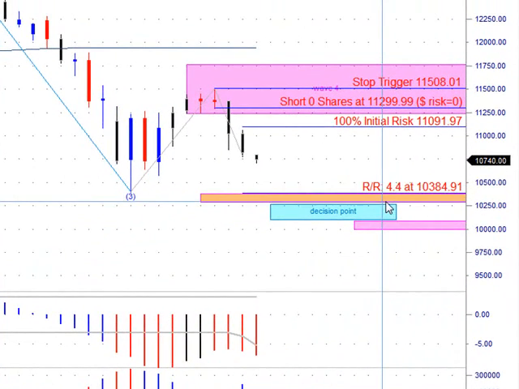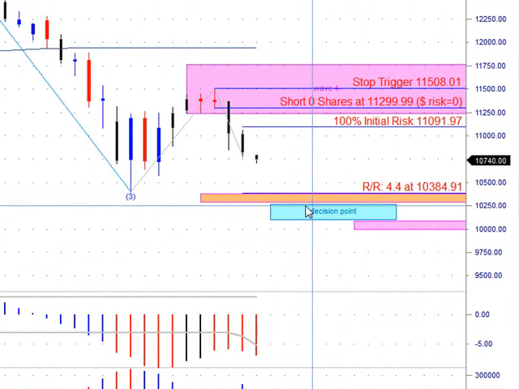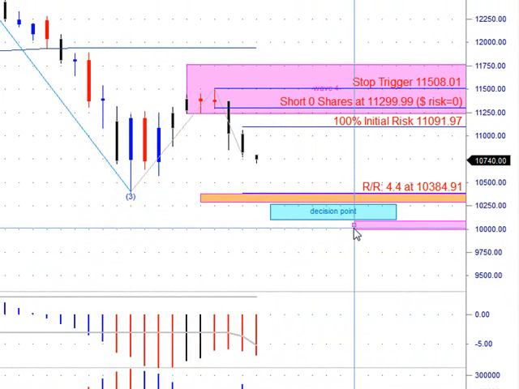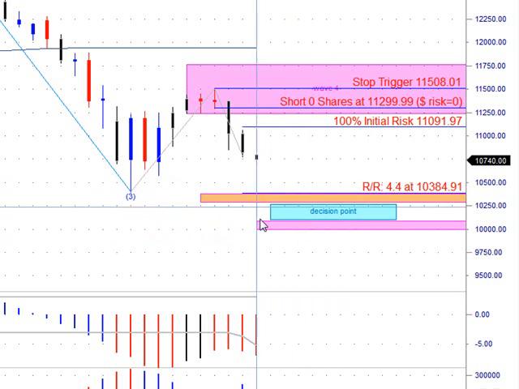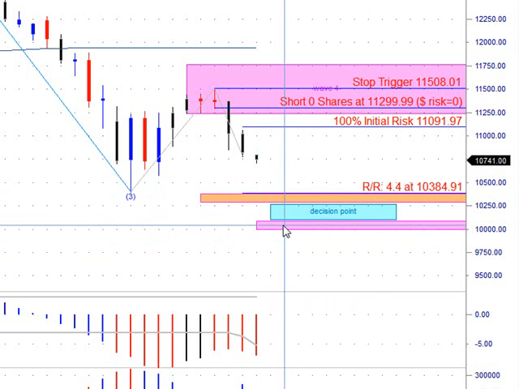The decision point support off the wave 3 swing there would begin right around the 10,270 we'll call it, and then your typical wave 5 support just below that. So we got a good area of support down here.